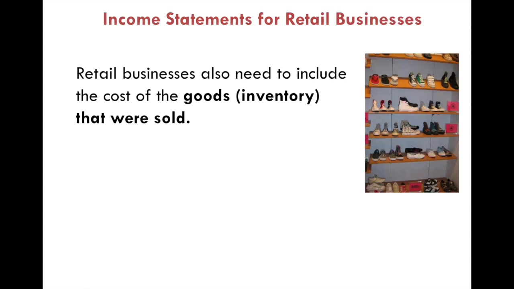Okay, so the income statements that you've seen so far have just been about service businesses. Now we're going to look at income statements for merchandise businesses or retail businesses where they sell products, they sell goods that are tangible.